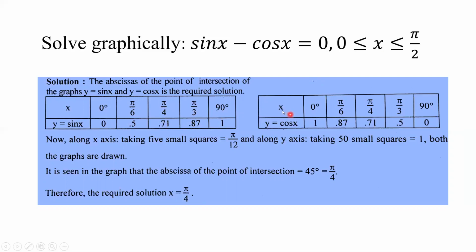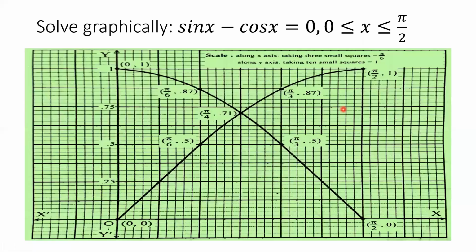In a similar way, the values of x and the values of y equal to cos x. We must put these values on a graph paper, and that graph paper will show that the graph of sin x and the graph of cos x will intersect at a particular point, and that particular point will be our required solution. Now see the graph here.